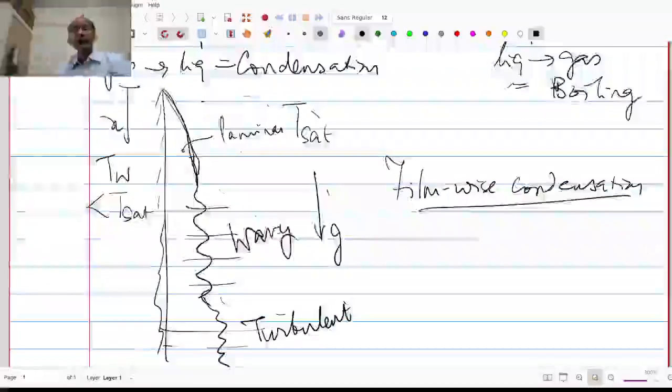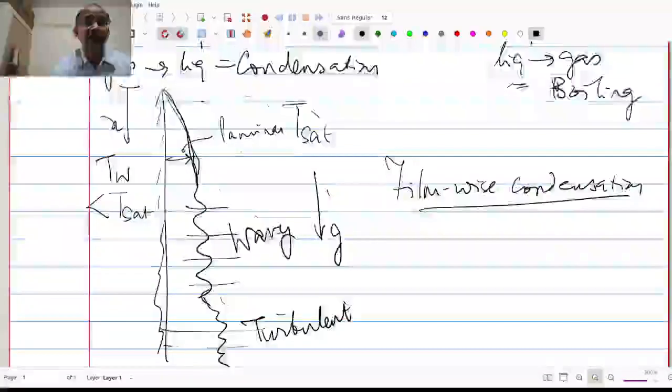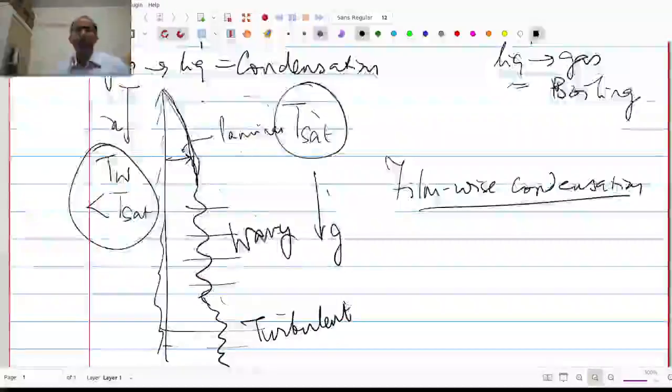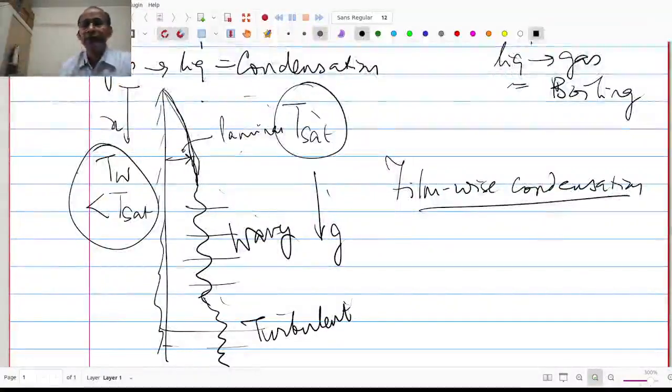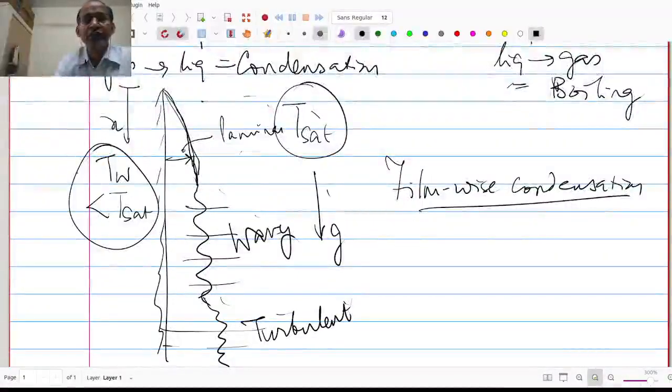In film-wise condensation, what we understand is that there is an additional liquid film that comes between the vapor region, which is at Tsat, and the solid wall, which is at T wall, and therefore there is an additional resistance, and therefore the heat transfer coefficient cannot be as high as a fresh wall, a wall which is completely exposed to the vapor.